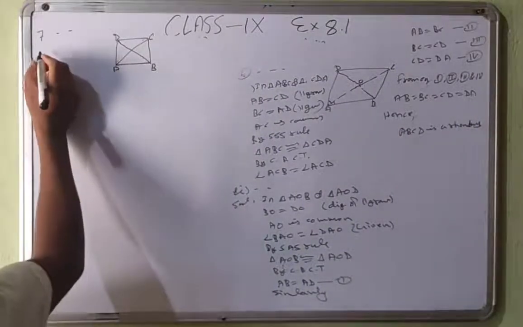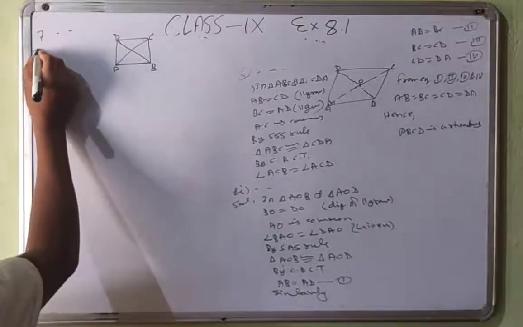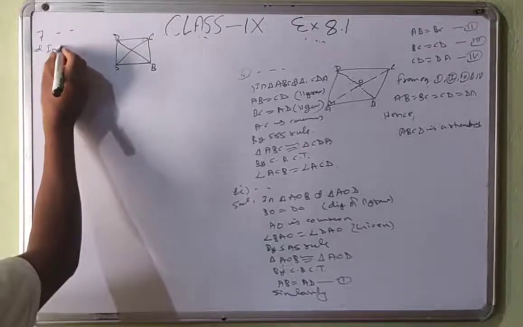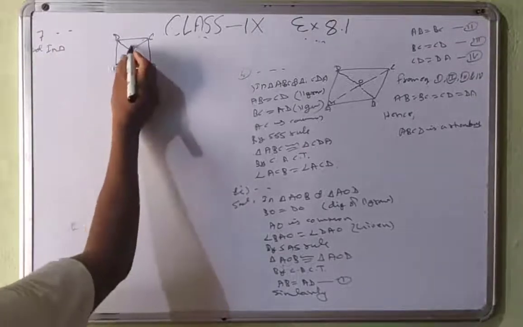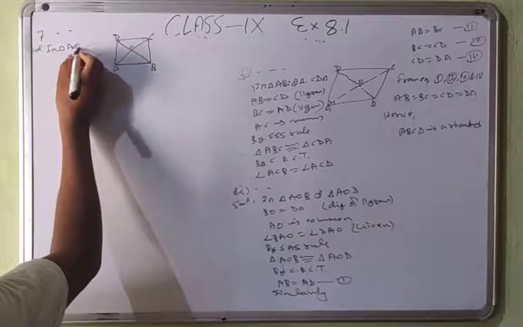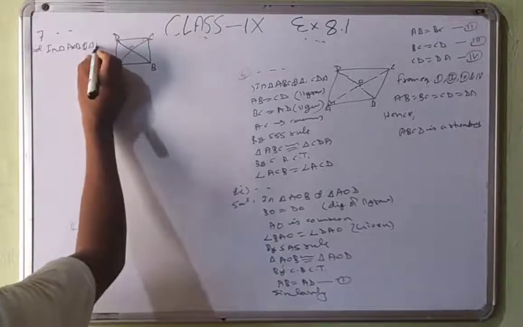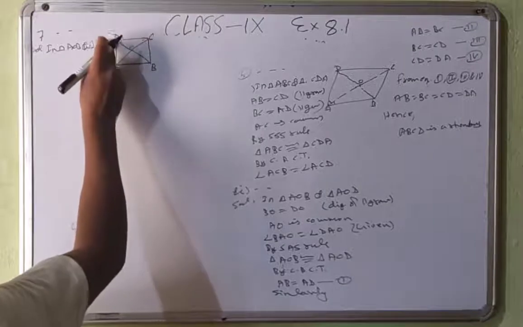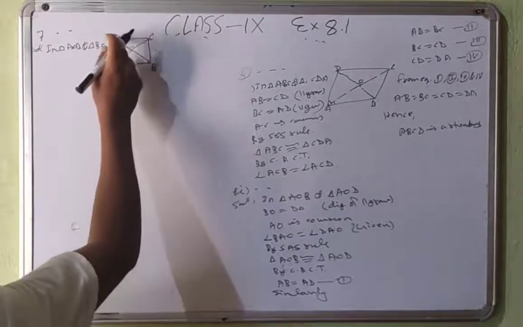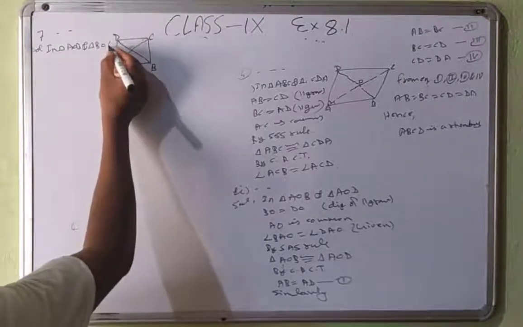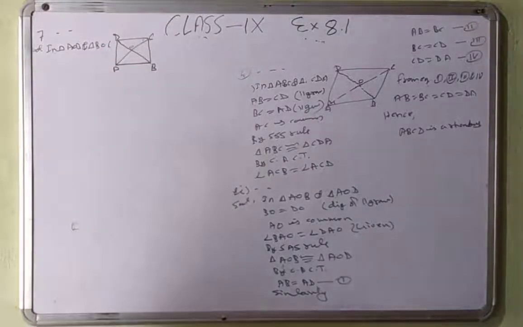So in triangle AOB and triangle BOC, we can take AOD also, an adjacent triangle we can take.